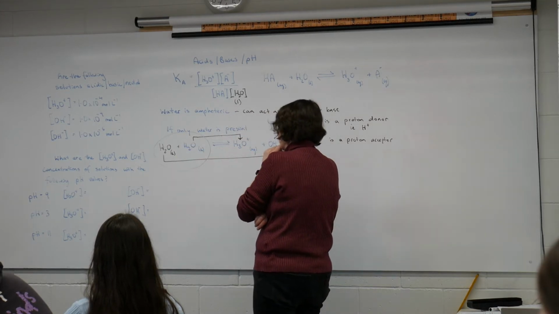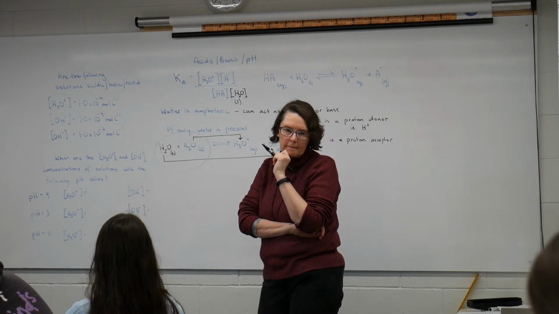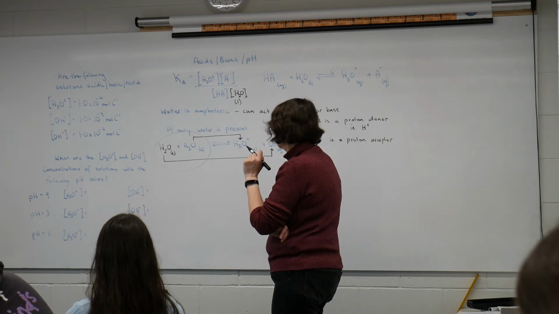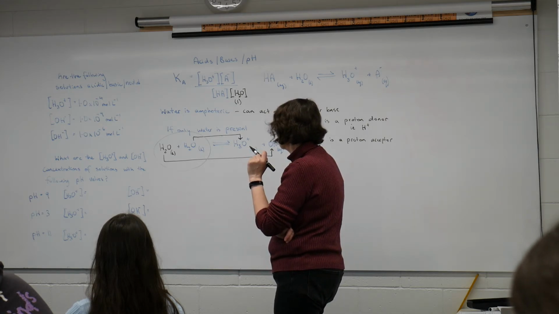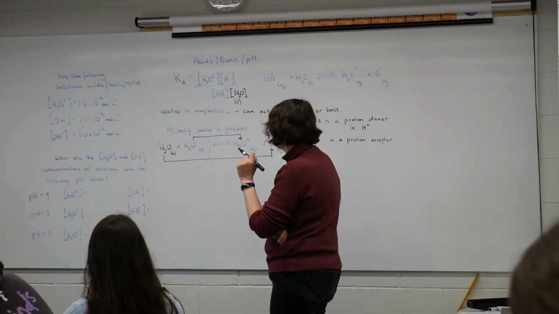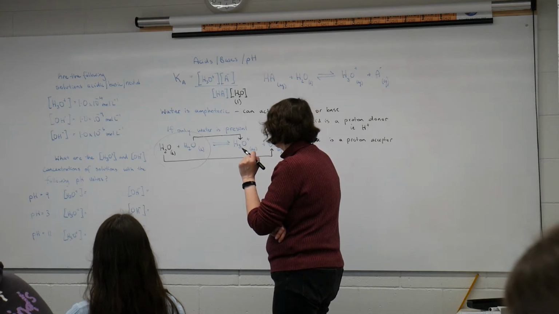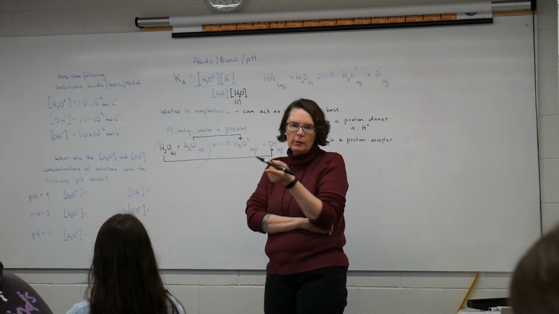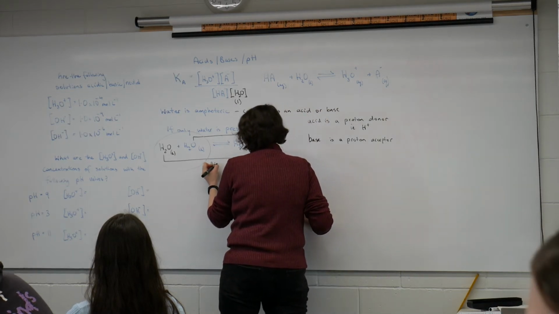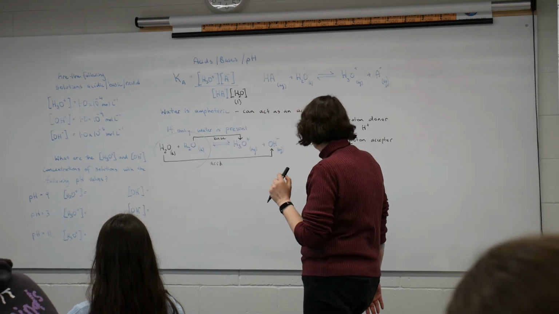Yeah, the one that gave away its proton is the acid. So the black one gave a proton to the blue one, because the blue one became positive? Black one, yeah. So the black one has to have given it away to become the hydroxide ion. Good, I'm glad we sorted that out.